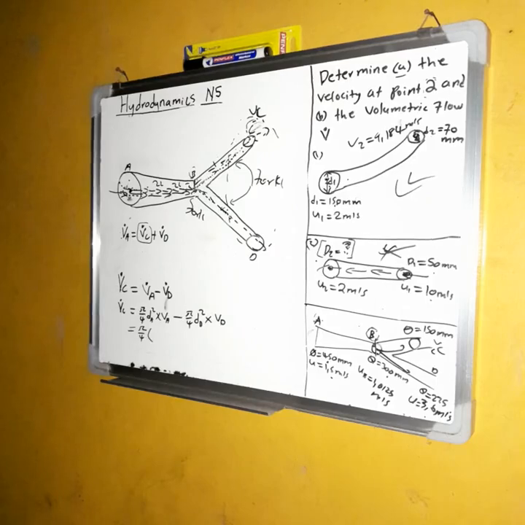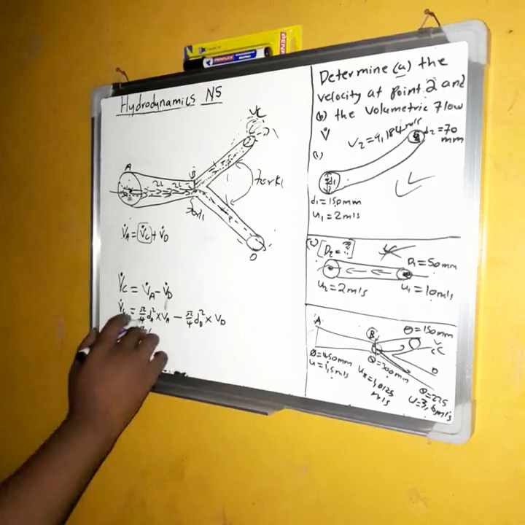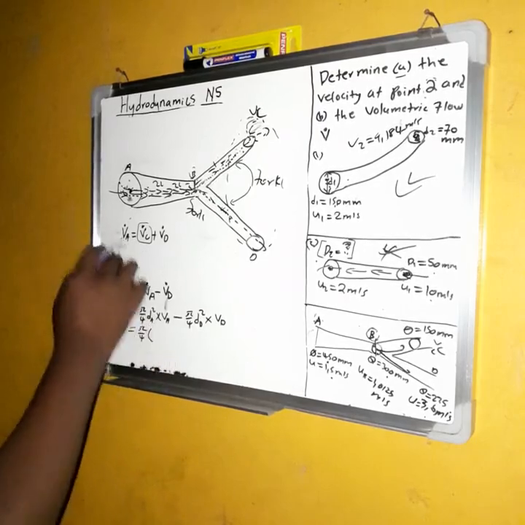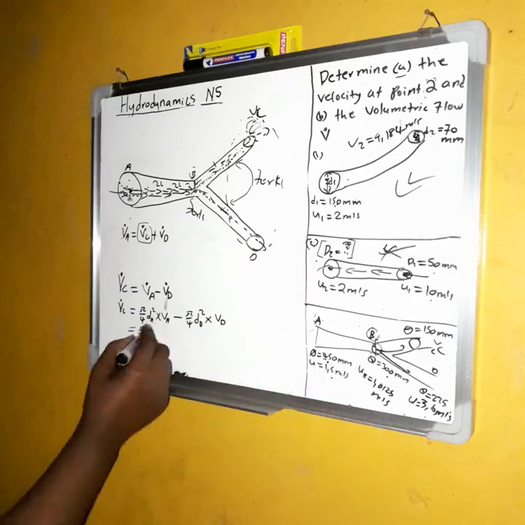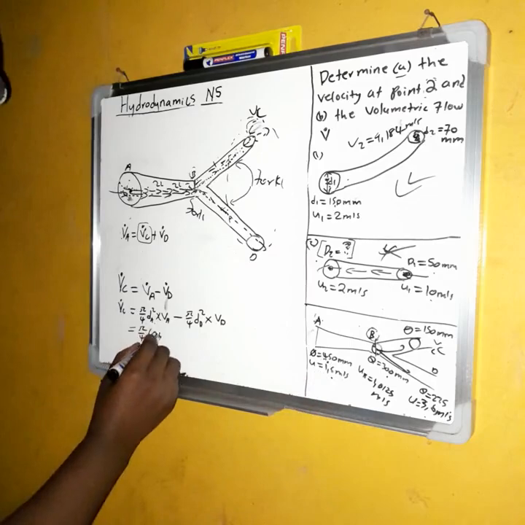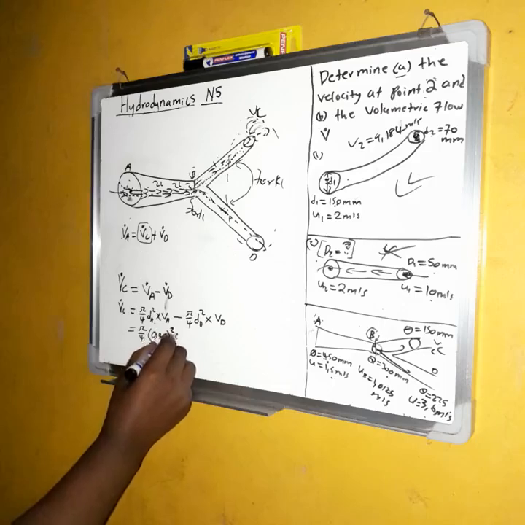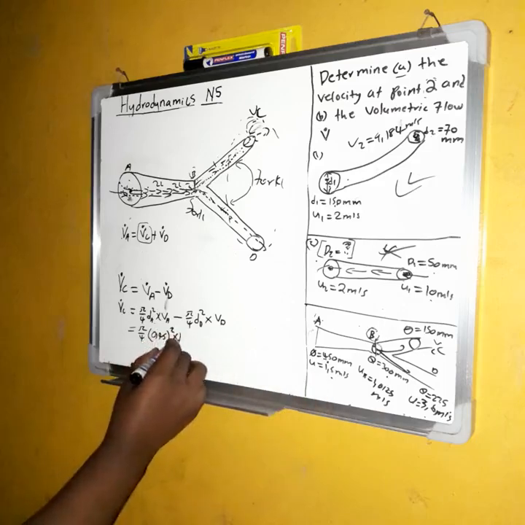Hopefully you can see. Okay, the camera is adjusted right. Diameter at A, we know it's 450 millimeter. We divide by 1000, it would be 0.45. You square that, you multiply by its velocity, which is 1.5.